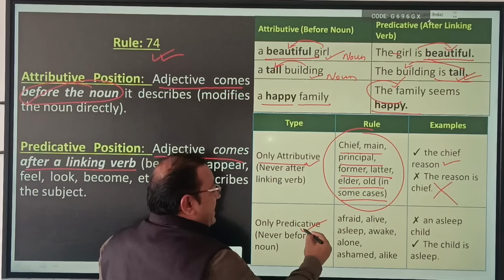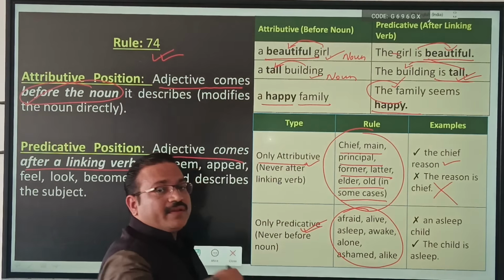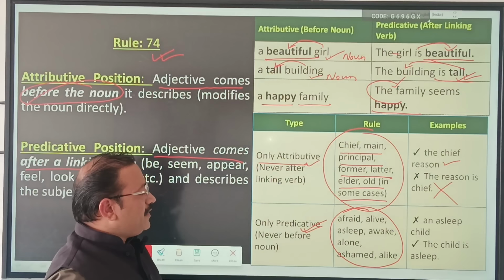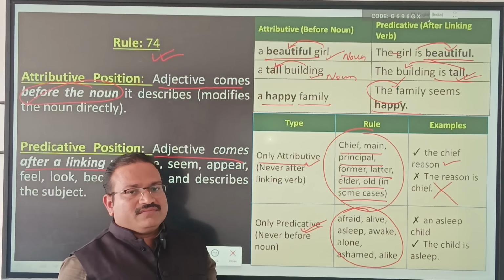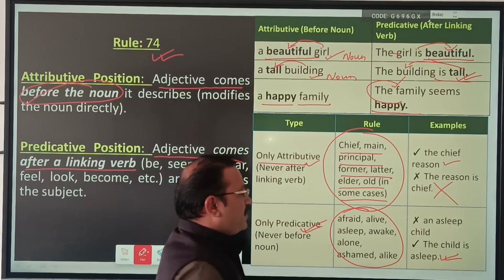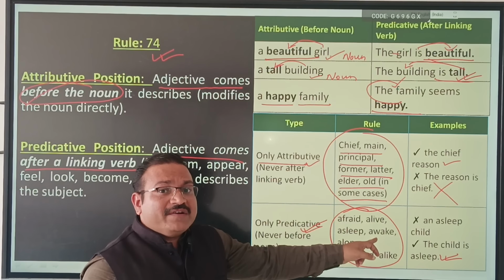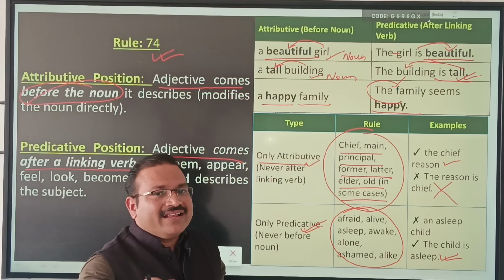And there are some predicative adjectives also, which always come after a linking verb, like we saw there. An asleep child, wrong. The child is asleep. An alive person, wrong. The person is alive.